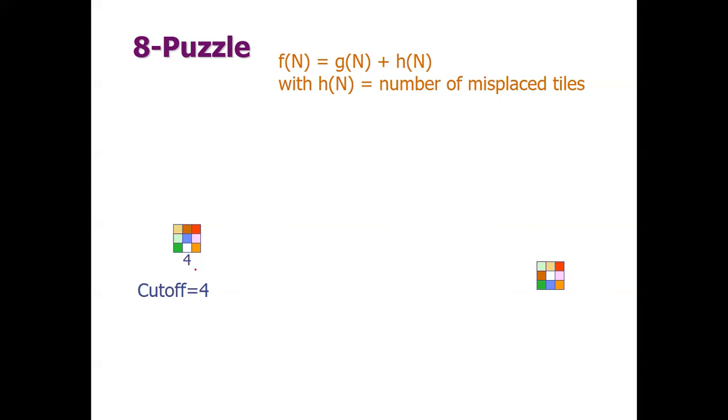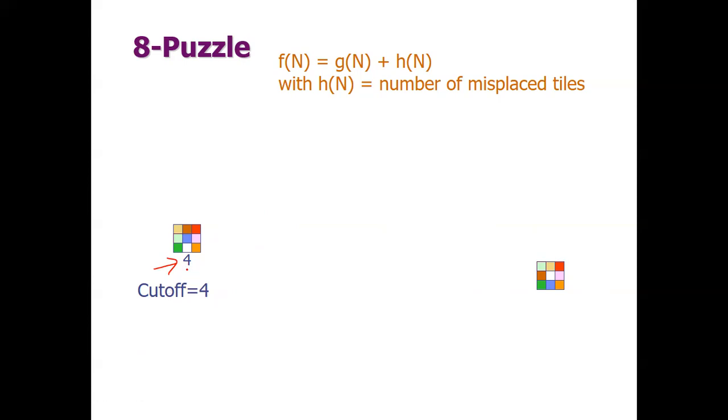Based on that cutoff value, only the states whose evaluation function is less than or equal to the cutoff value will be explored. Other states will not be explored. Later, in the next round, the cutoff will be increased. So here is an example for that.